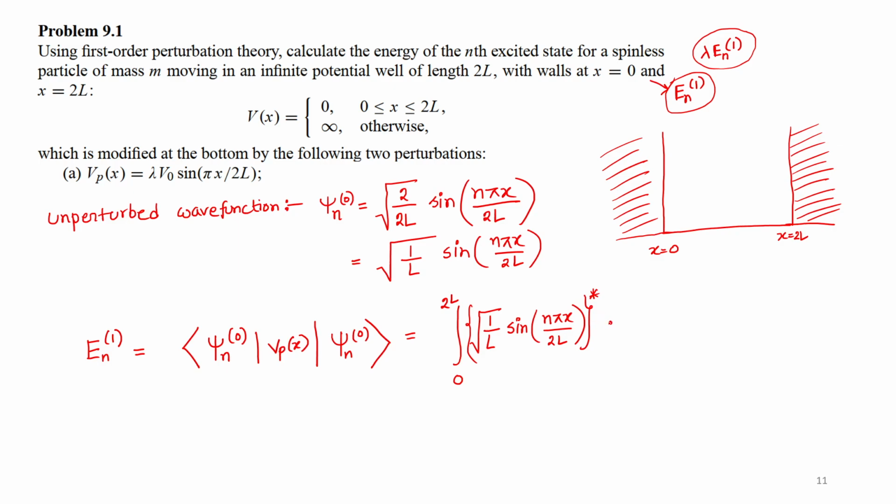Then you have your lambda V(x). I'll write down the expression which is given, lambda V0 sine pi x by 2L, and then we have this thing again, right? 1 by root L sine n pi x by 2L dx.